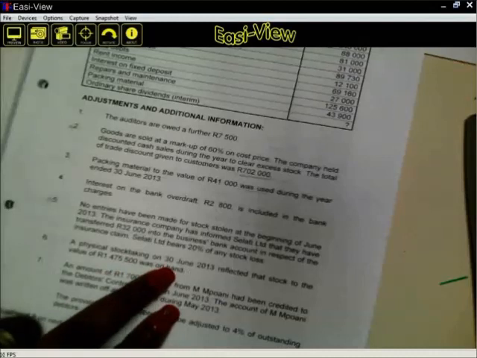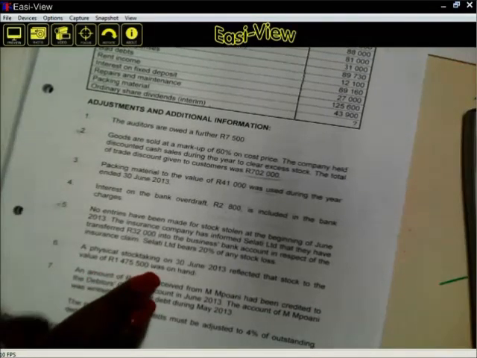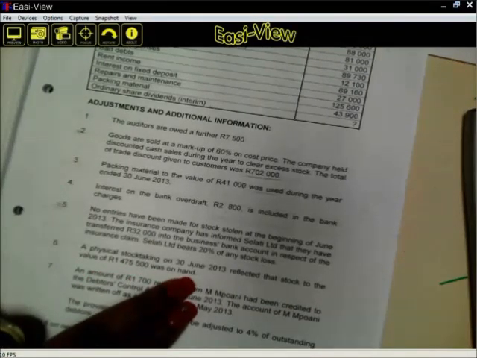So again, we must subtract the one that is on hand after that. The physical stock taking reflects that the value of 1,475,500 was on hand. So we must subtract the 1,475,500.